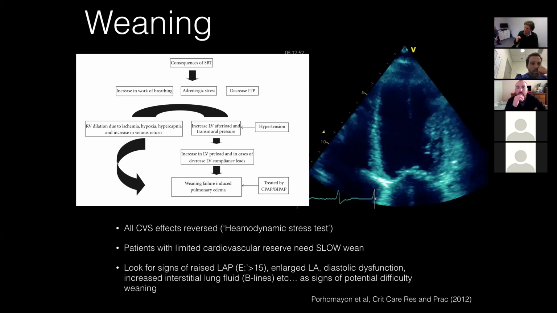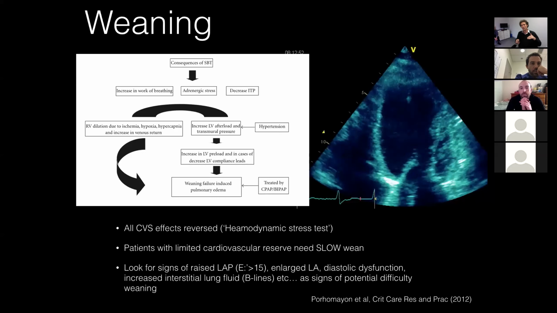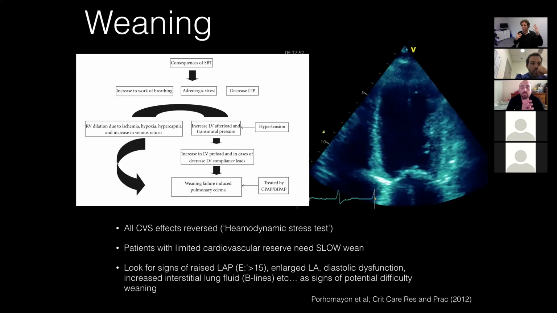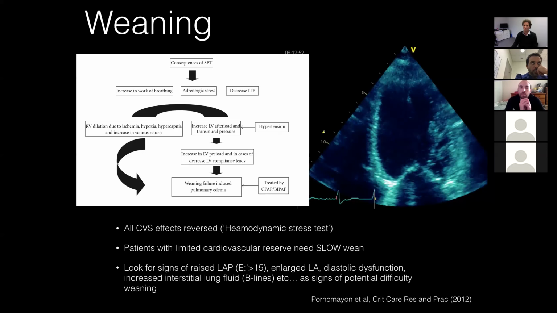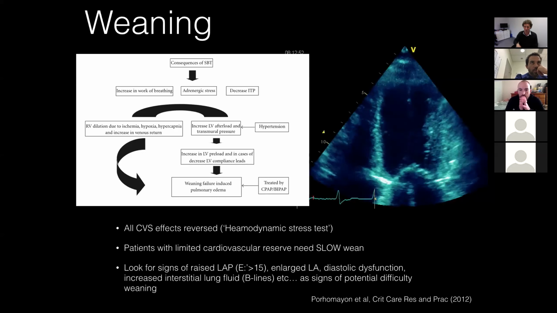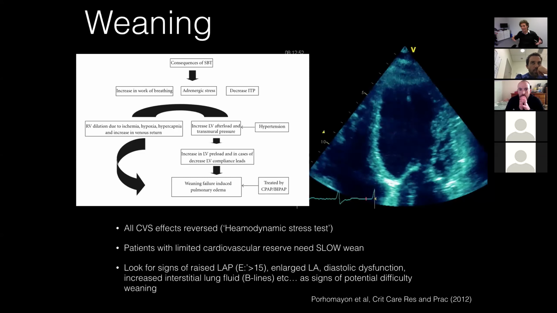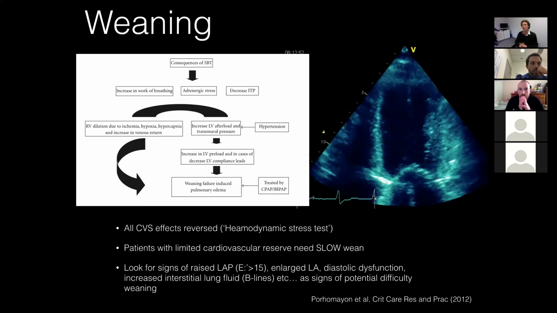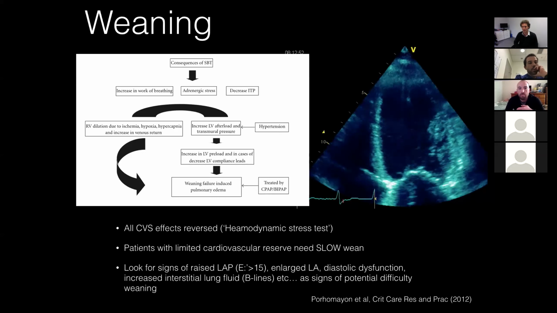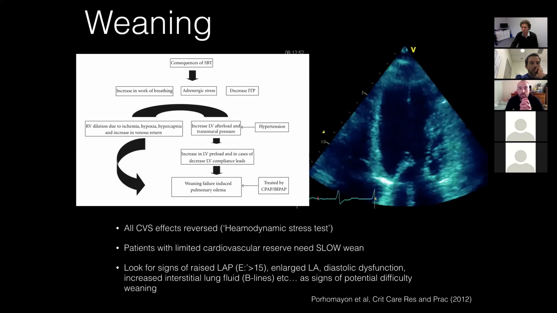If you're doing an echo before and after, there's studies that have looked at a rise in E on E prime to be suggestive of it, or particularly an increase in the E wave, suggesting increased left atrial ventricular pressures. More B lines, I think that'd be great. All of those could be potential signs of failure. So not for everyone, but think about it on those who may be at risk.